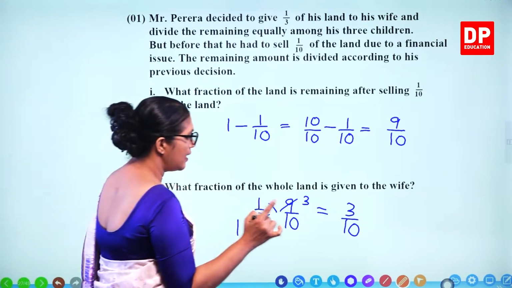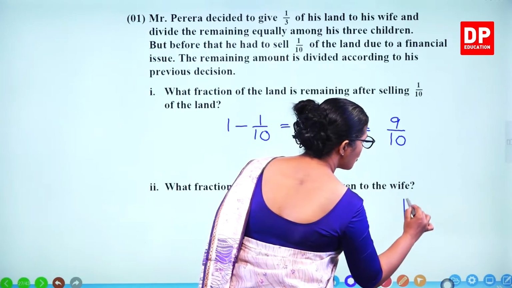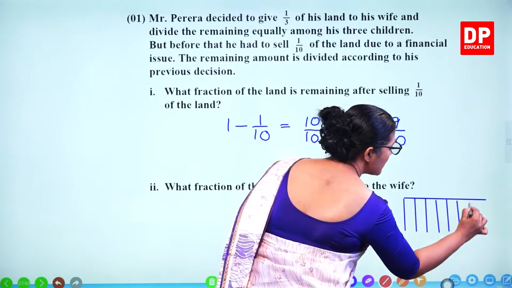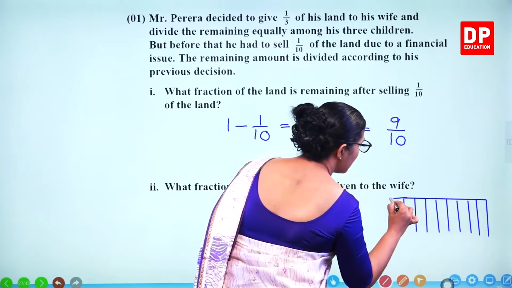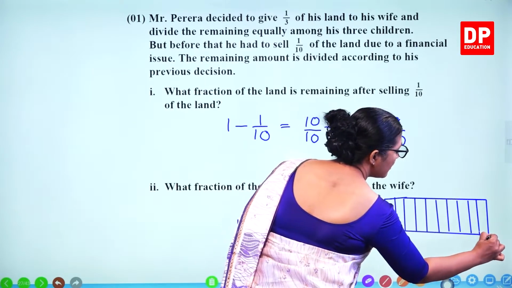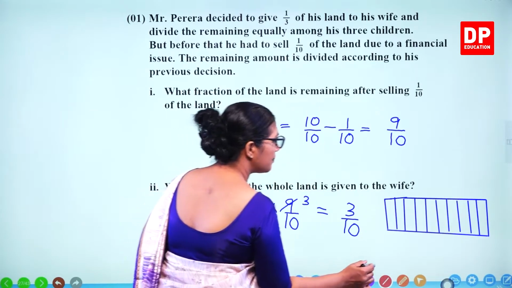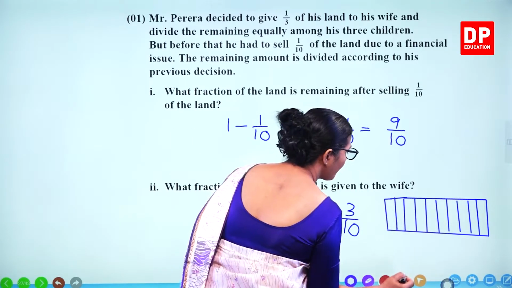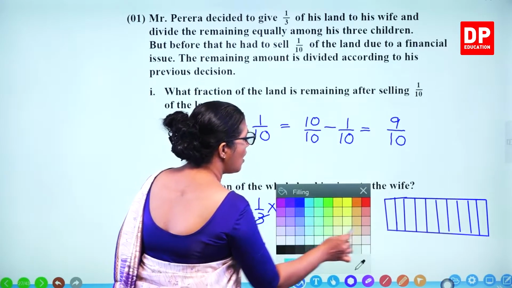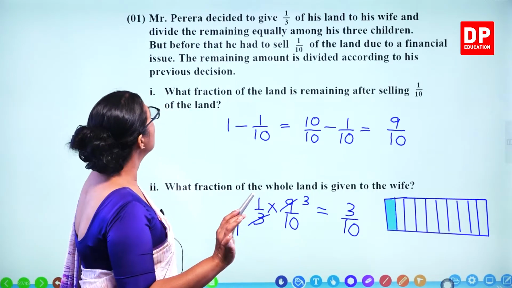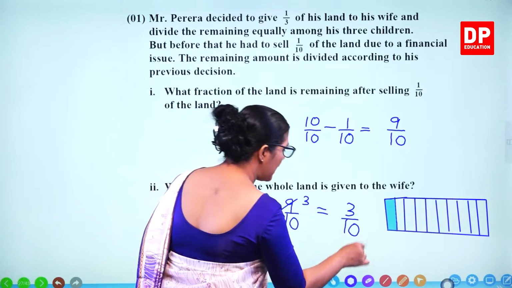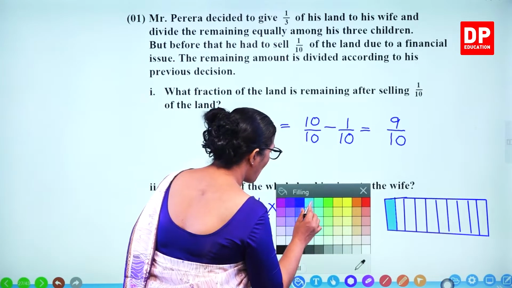So basically, if you draw a rough sketch like this, think about 1, 2, 3, 4, 5, 6, 7, 8, 9, 10. Think about it divided into 10 parts. And here, according to this one, 1/10 already given, sold it. And then 3/10 given to his wife.